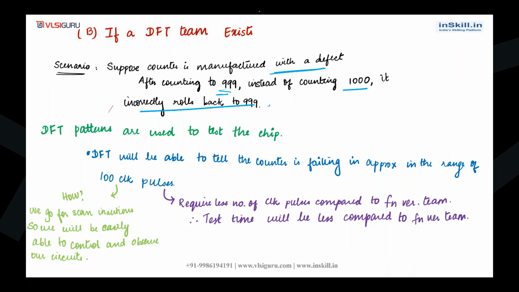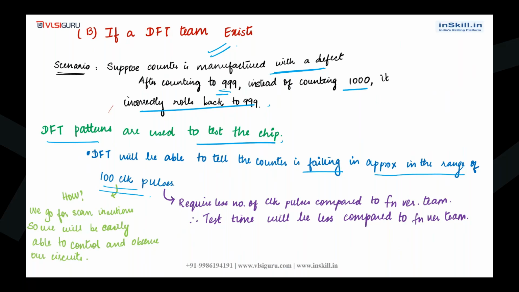Now, in the second case, we are considering what will happen if a DFT team exists. If a DFT team exists, DFT patterns are used to test the chip. With the DFT team, we will be able to tell that the counter is failing in approximately the range of 100 clock pulses.